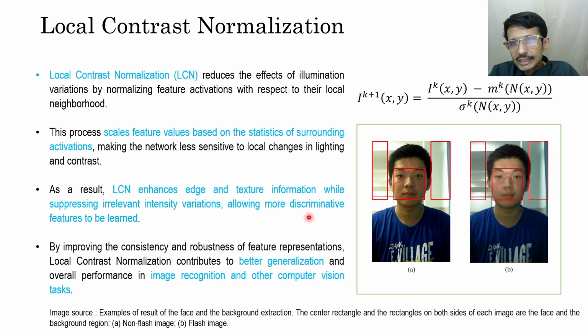So what we have discussed is written in a very lucid language: even if there is some sort of lighting difference, this normalization makes it a similar response out of it.